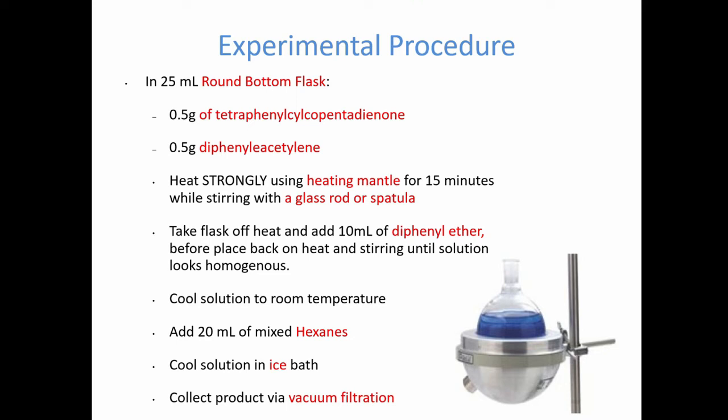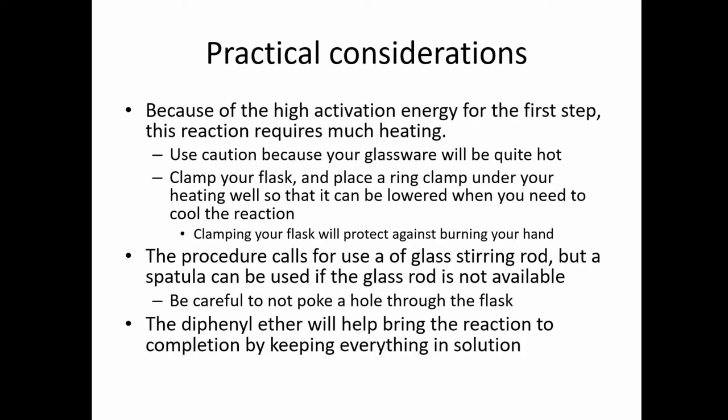Once we've added the hexanes and mixed it a bit, we can put it into ice, and once it's cooled down in ice, we can collect our product using vacuum filtration. Once all of this is done, that is pretty much the entire experiment, and that would be the last experiment for the lab.